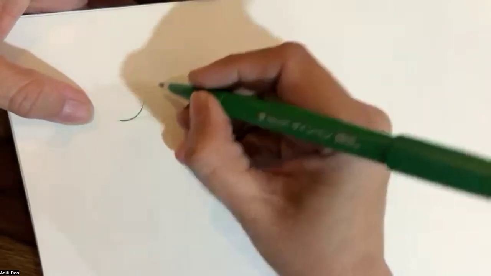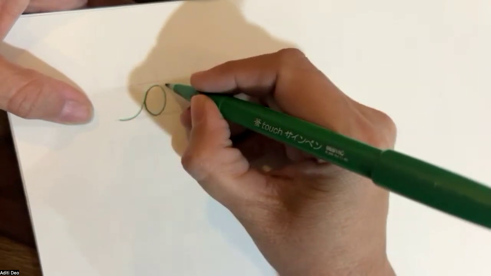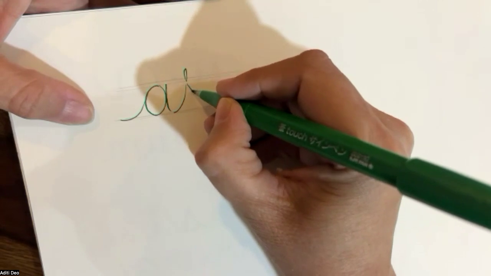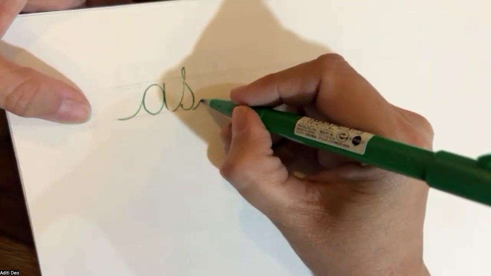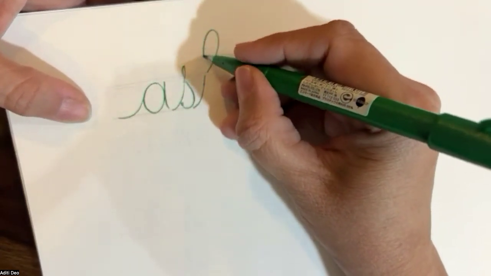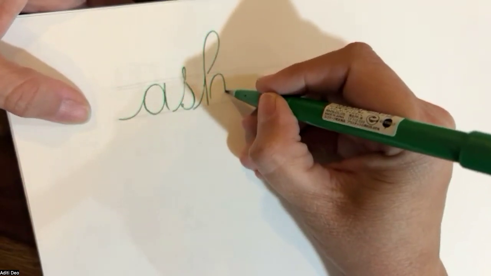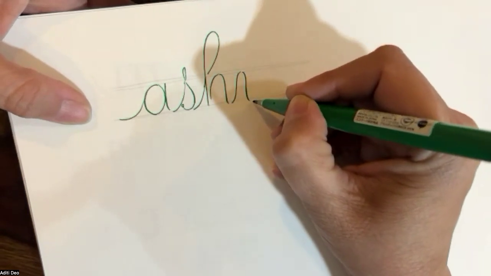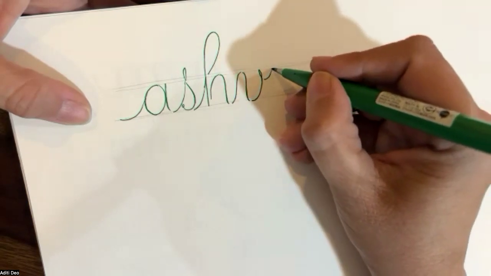So now I'm leaving a few gaps between these letters wherever I lift my pen. And also I'm paying heed to the fact that I'm going to have to add thicknesses.